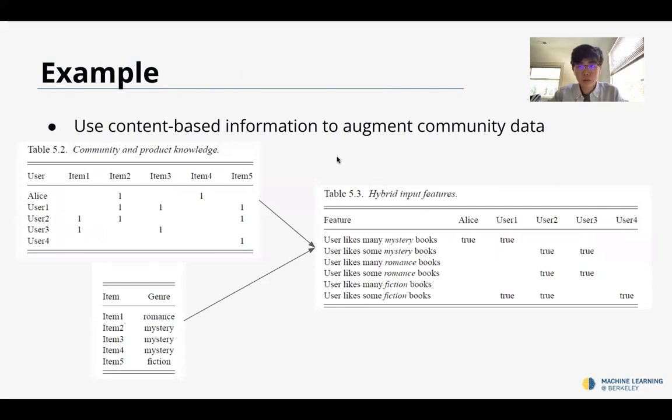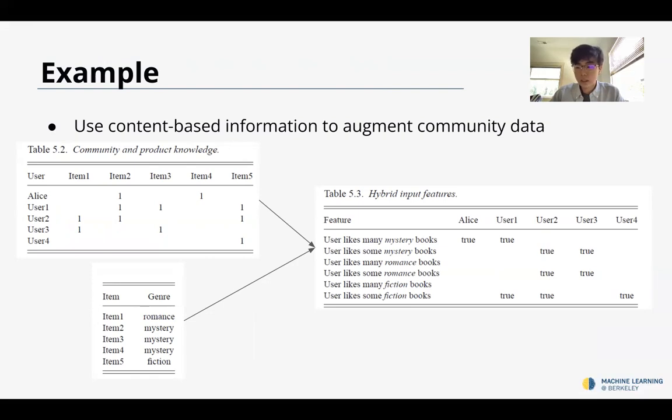One thing you can do with monolithic systems is to use content-based information to augment community data. If you have interaction history between users and items, that history might be very sparse. You have a set of interactions between users and items, but that set is so small that you can't really predict how a specific user will react to a specific item in general.